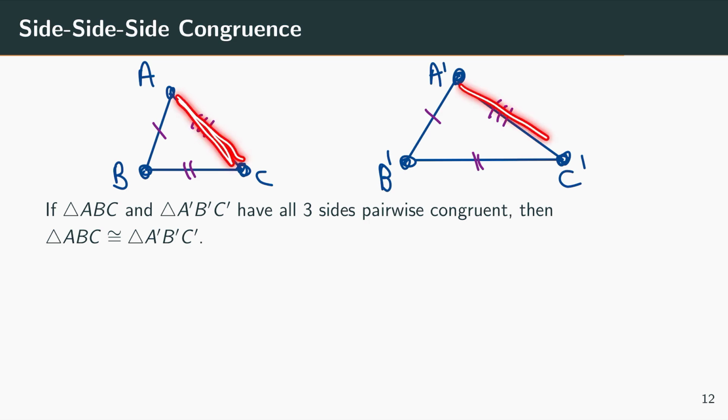My picture is obviously false, but pretend these sides are pairwise congruent. Then the triangles as a whole are congruent. So if I know about the three sides, I get, as a freebie, all six. I get the three sides, but then I also get the three angles. So far, each of our congruence theorems is knowing three facts allows us to get all six facts.